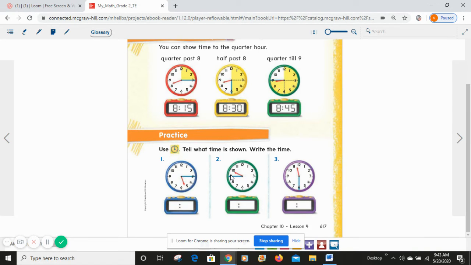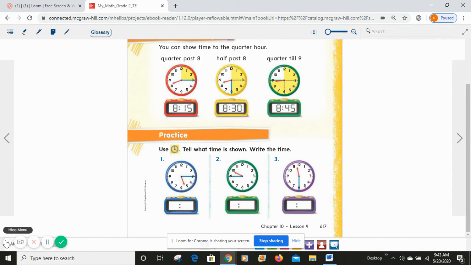I'm going to say it's 9:45. And on this one, the minute hand is pointing straight down at the 6, and the hour hand is past the 11, but not quite yet to the 12. So it's the 11th hour and 30 minutes. So I'm going to say 11:30. So let's check. 5:15, 9:45, 11:30.